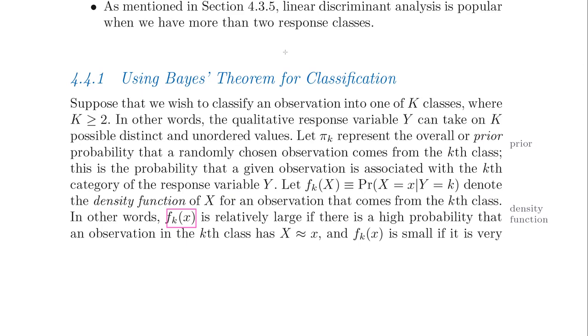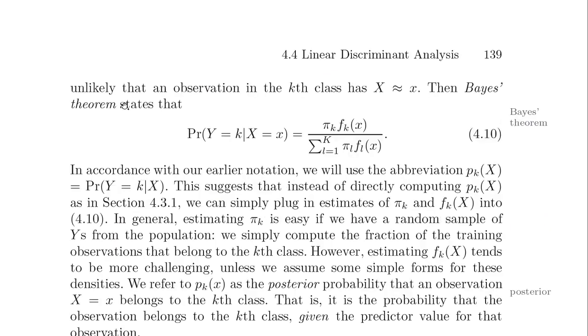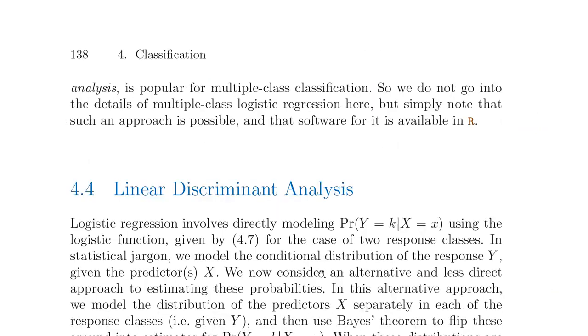I'm sure things are going to be easier with an example, but if there's a high probability that an observation in the kth class has x roughly equal to x, and f k of x is small, it is very unlikely that an observation in the kth class has x roughly equal to x.